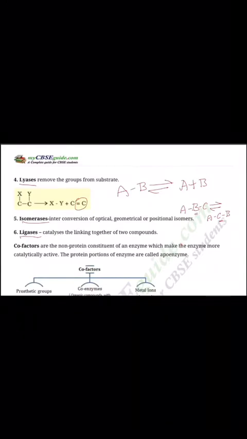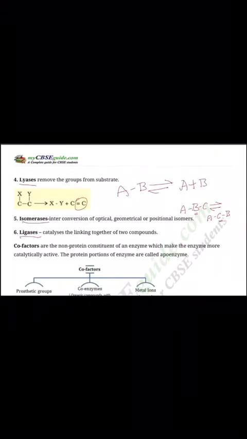Now here in the center it's C, and here in the center it's B. So it facilitates the conversion of isomers, geometric isomers or optical isomers. Basically isomers, of course you know, they are mirror images. So isomerases are the enzymes that help in the formation of geometric isomers and optical isomers.